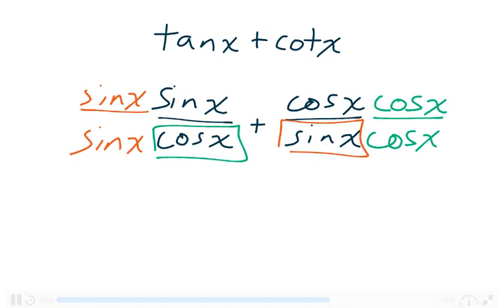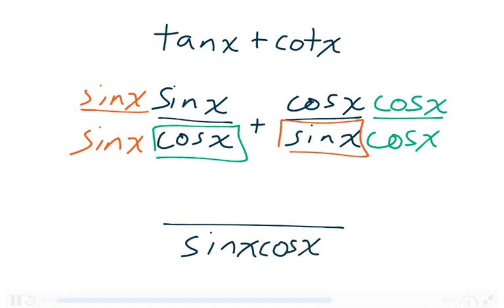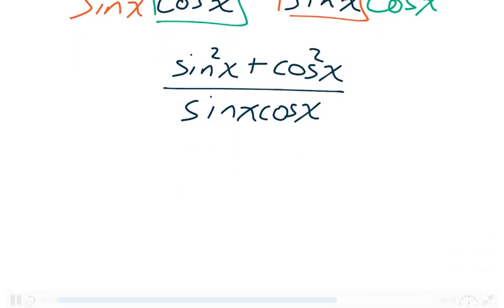Of course, the common denominator is sine, cosine. Again, I only have to write that one time. And look at both those numerators, sine squared and cosine squared. It kind of looks like the other problem, leaving us with 1 over sine cosine.